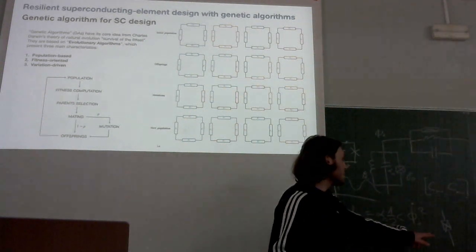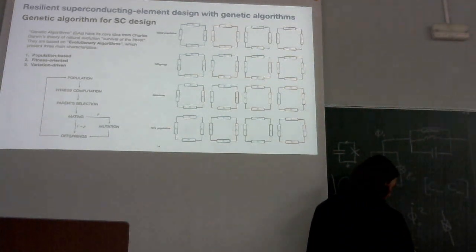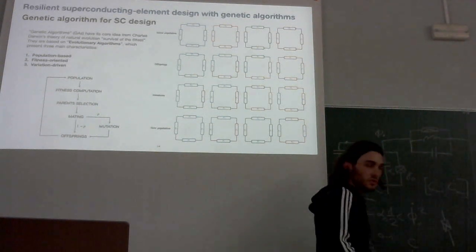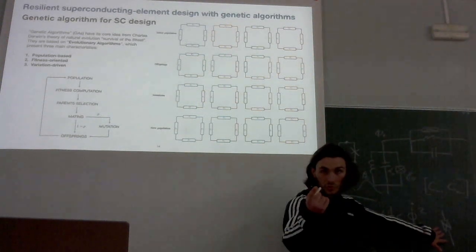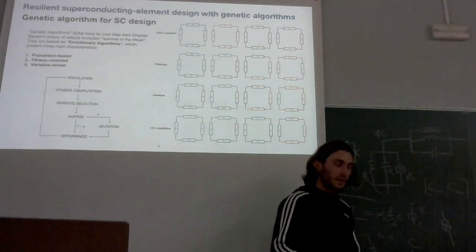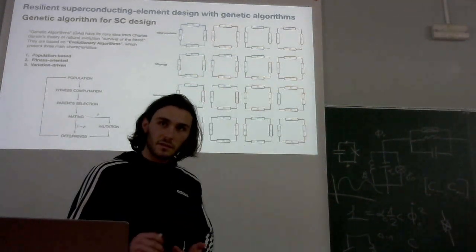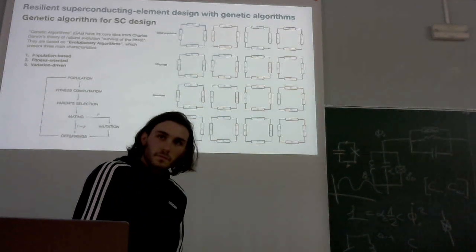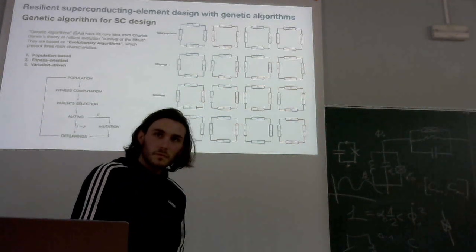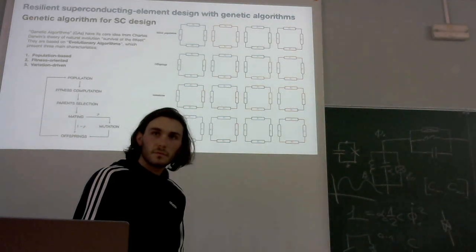If you fix the value of the capacitance, the value of the inductance, and the value of the resistance, you could do what you mentioned: mix all the possible combinations of the elements and find the best one. What I mean is you fix the topology of the circuit and then you run the algorithm just optimizing the parameters of each element. Yes, but when you have infinite loops, then you probably run into problems.